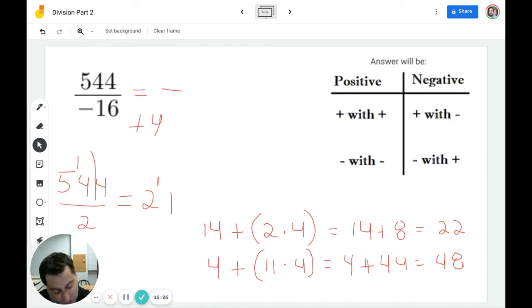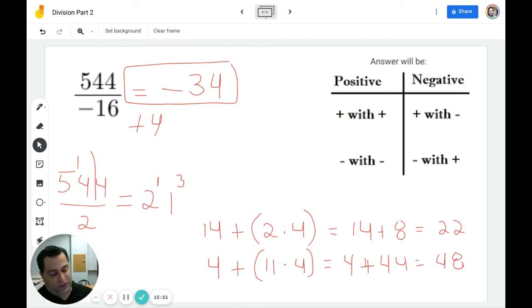It's going to be a remainder of 3, or 3 added to the ones place. So now when I write my final answer, I have 2 plus 1, which is 3, and 1 plus 3, which is 4. And negative 34 is my answer.